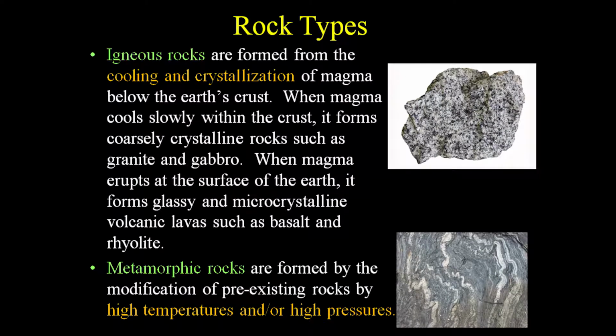Rock types. Igneous rocks are formed from the cooling and crystallization of magma below the Earth's crust. When magma cools slowly within the crust, it forms coarse crystalline rocks such as granite and gabbro. Metamorphic rocks are formed by the modification of pre-existing rocks by high temperatures and/or high pressures.